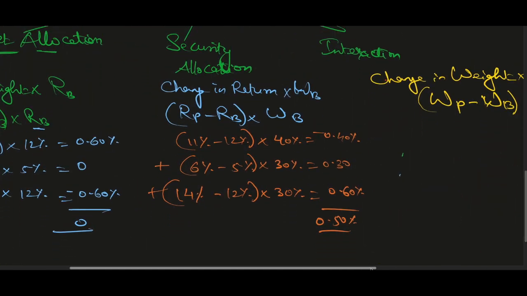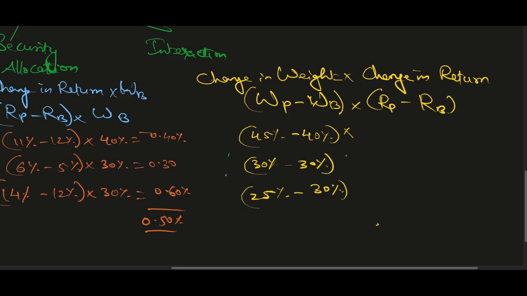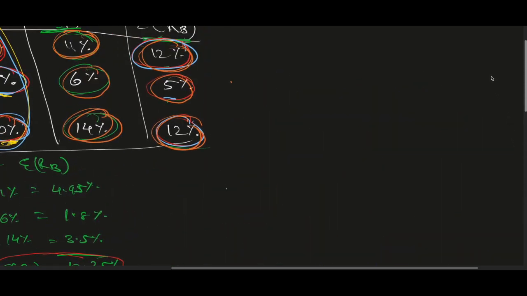So I'll write it down here. 45% minus 40%, 30% minus 30%, and 25% minus 30%, into now return of the portfolio minus return of the benchmark.